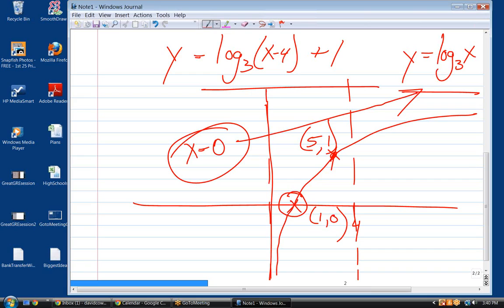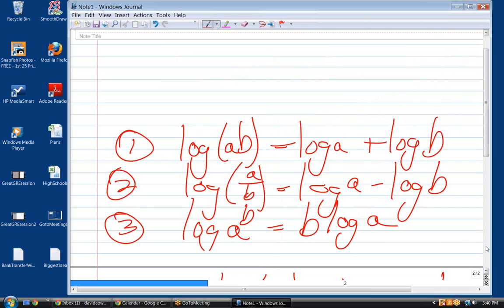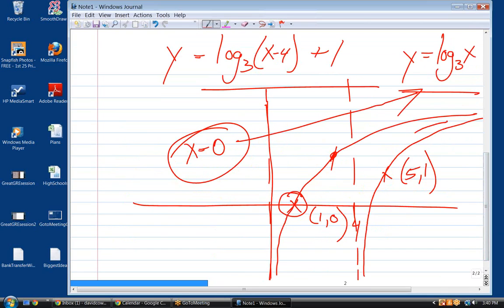So as long as I draw a curve that's asymptotic to that and goes through 5, 1, let's do it like that. That looks a lot nicer. This is my curve. Notice that this curve has been shifted 4 to the right and up 1.